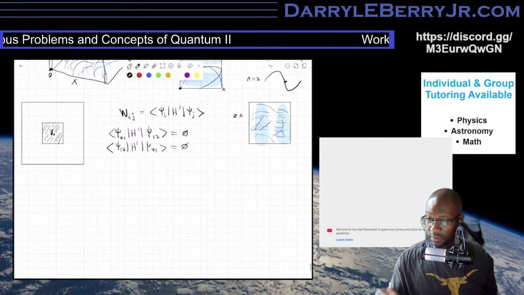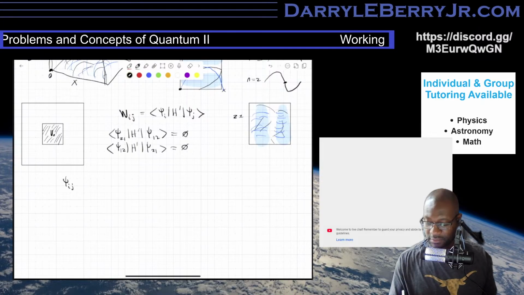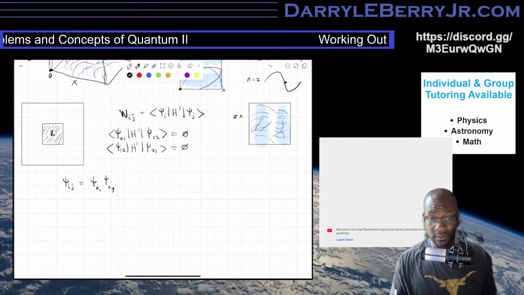So the way these wave functions work, psi_ij equals psi_nx, psi_ny, of x, y.